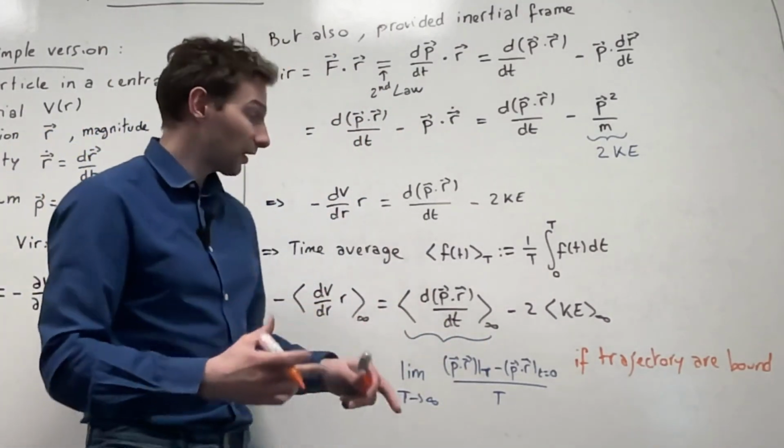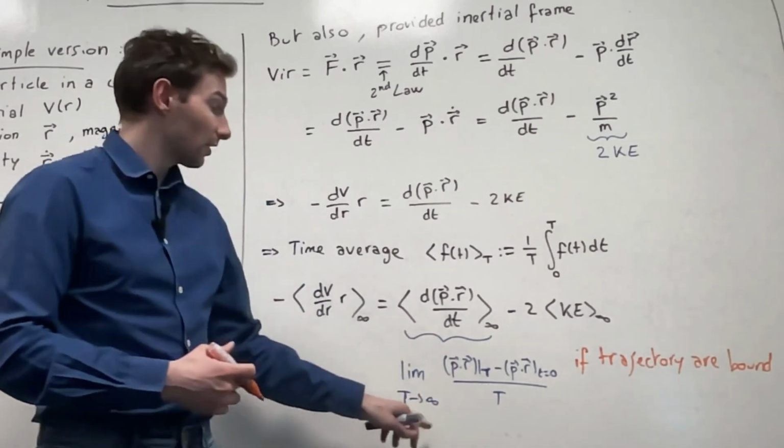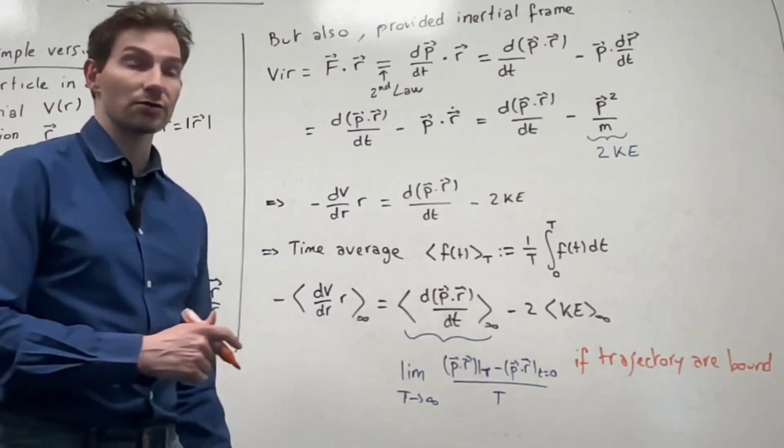And because it's finite in magnitude and you divide it by something that goes to infinity, then this whole quantity is going to go to 0.